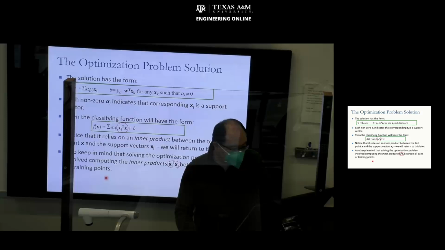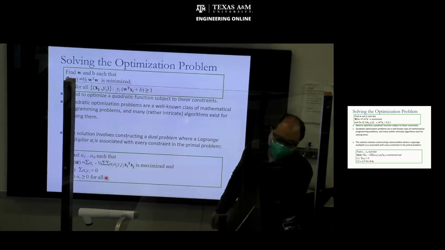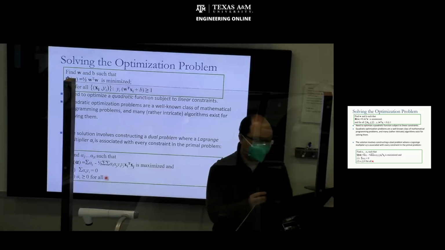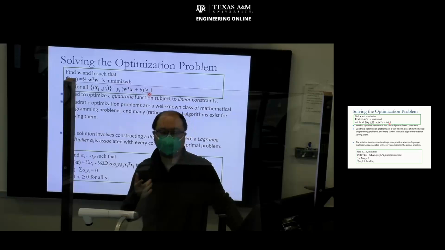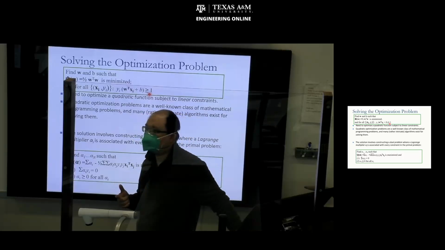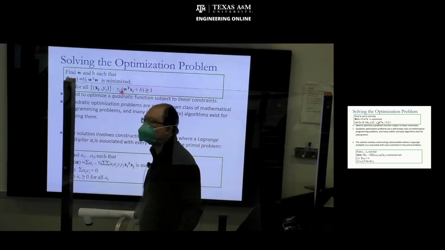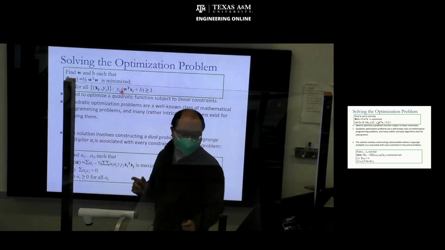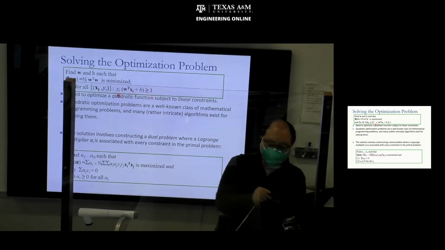As I said, this alpha i corresponds to each constraint, and each primal constraint corresponds to what? Each primal constraint corresponds to example i, right? So that dual variable alpha i is something about each example i.